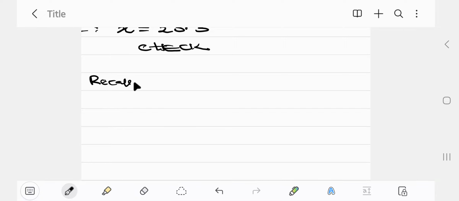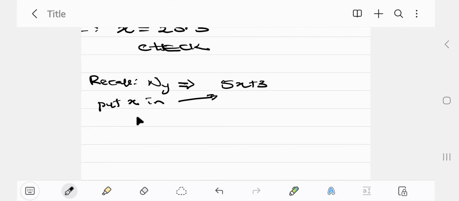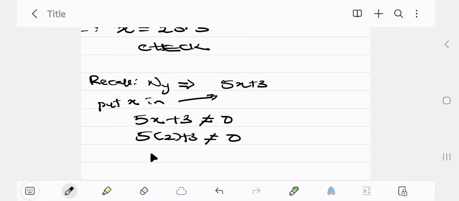Recall that n of y, which is the denominator, is 5x plus 3, which must not be equal to 0. For x equal to 2, 5 into 2 plus 3: 5 times 2 is 10, plus 3 is 13, which is not equal to 0.